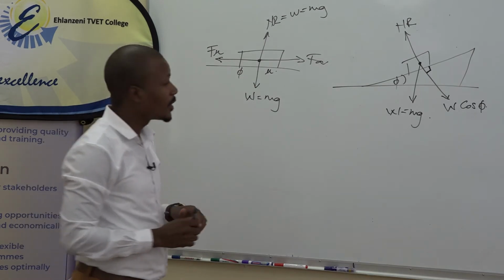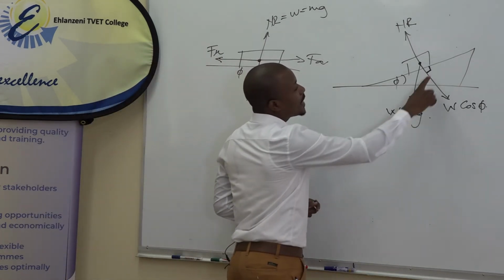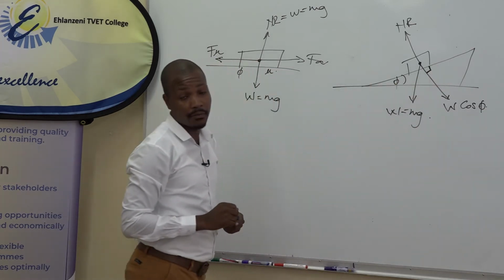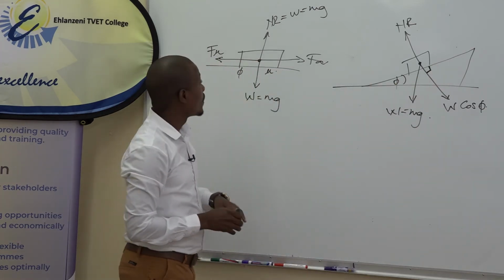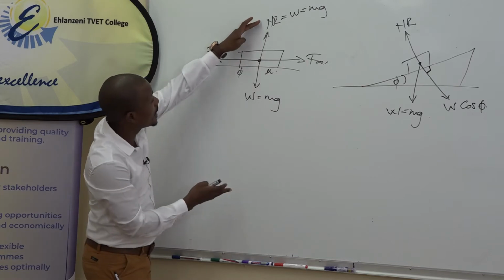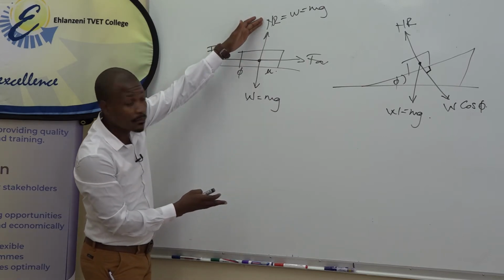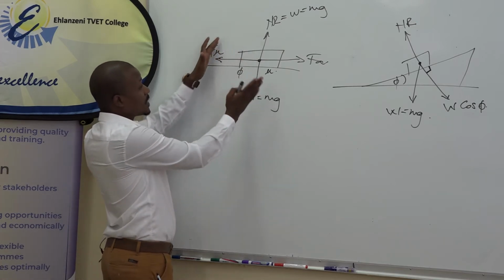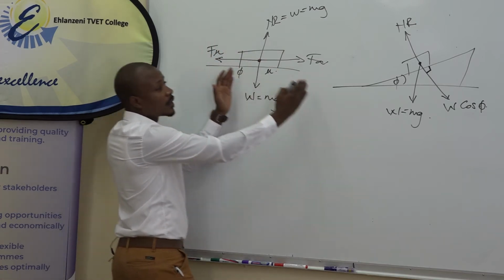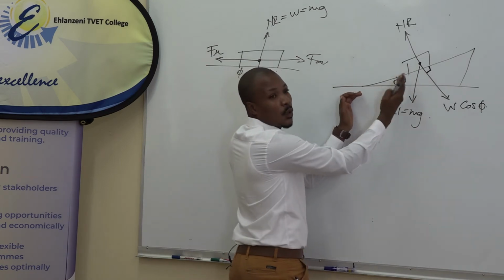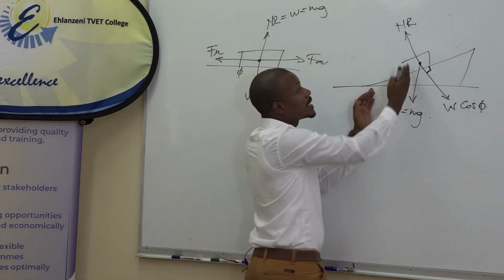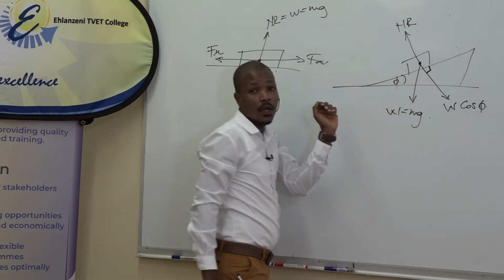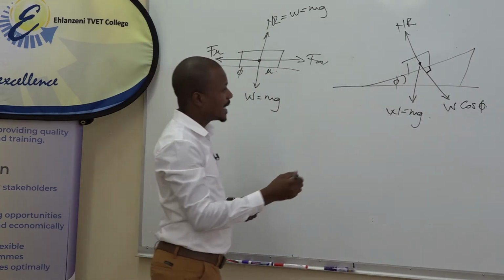That is the weight component perpendicular to the inclined plane because it makes an angle of 90 degrees with the inclined plane. Now, if you can remember, this is what we had, the normal reaction and the weight. But if we now flip this around, obviously the weight will remain behind because it's always vertically down, which means that our normal reaction should now be equal to the weight component perpendicular to the inclined plane.